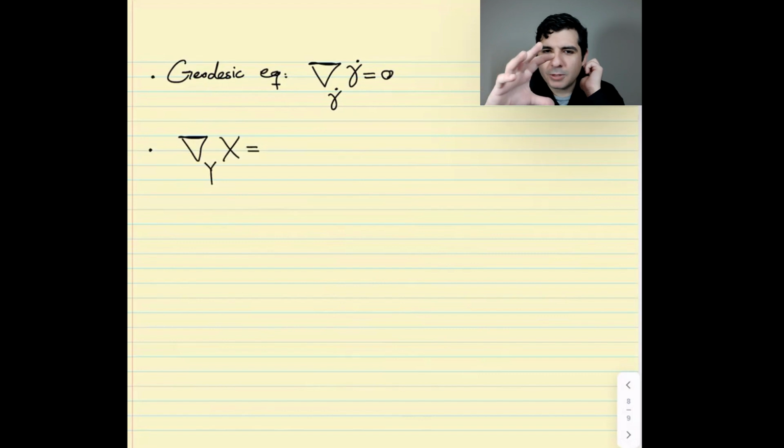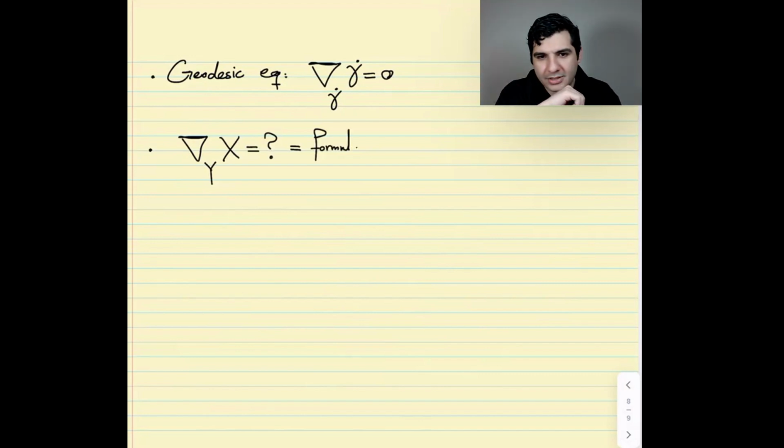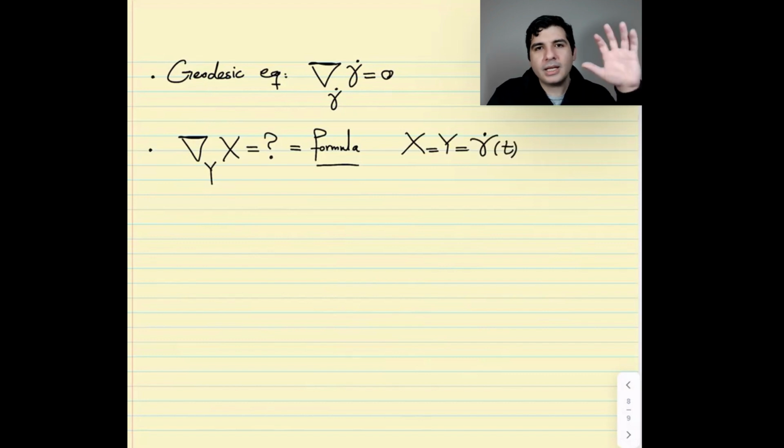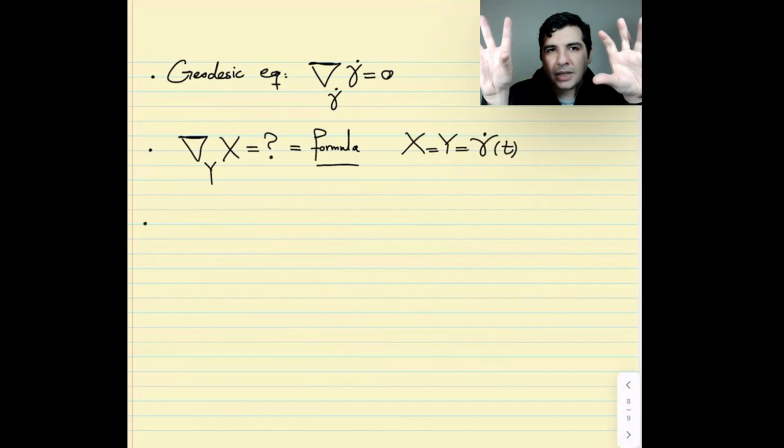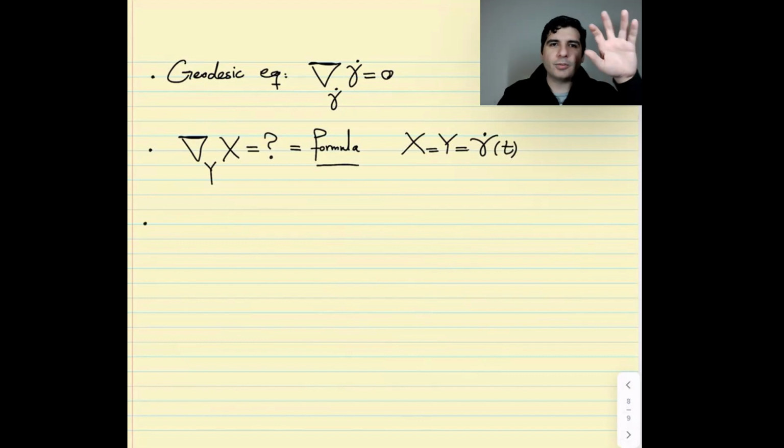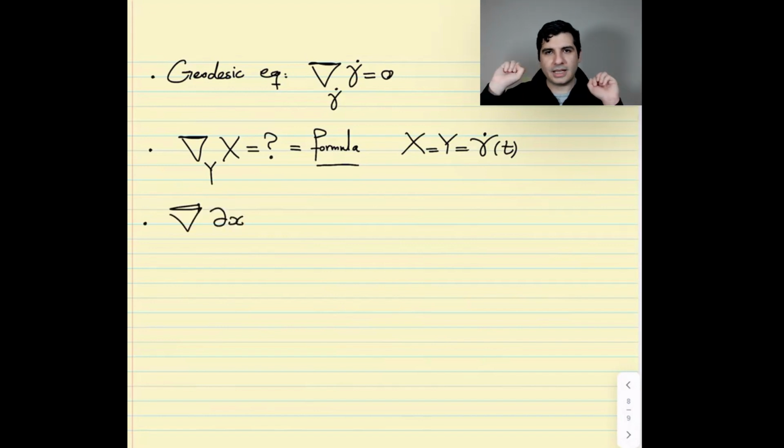In lecture number 9, I guess, we were discussing the Levi-Civita connection, or Christoffel symbols, in fact. We discussed the formula for the covariant derivative of x in the direction of y. We should take that formula and replace both x and y with gamma dot. So if we have a formula for the derivative of x in the direction of y, and we replace that with gamma dot and gamma dot, we get what we want.